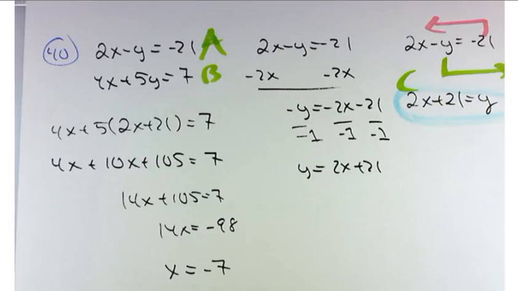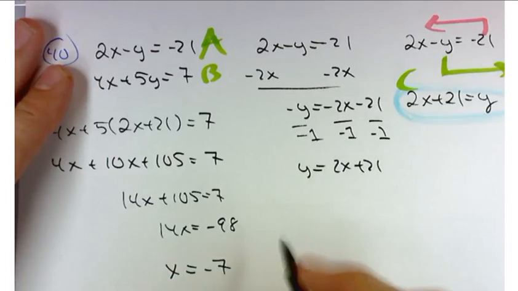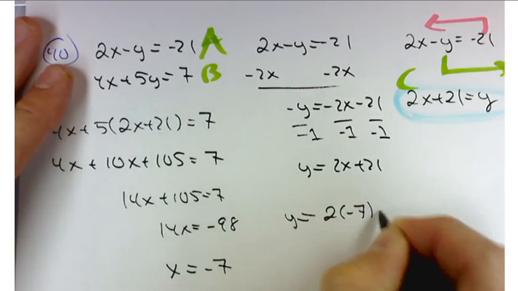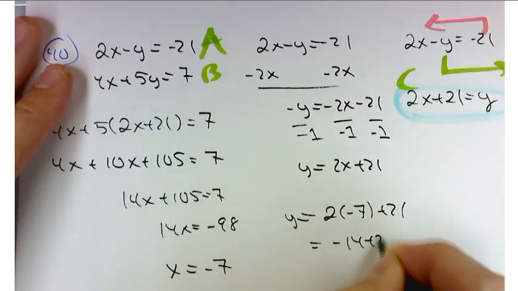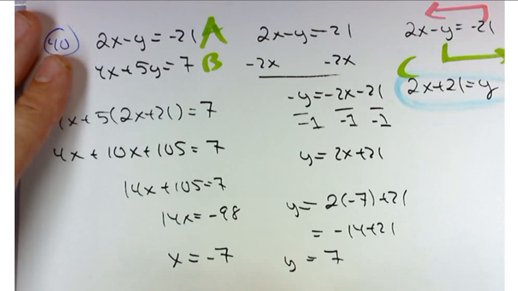I want you to think about it, but yeah, absolutely, go with C. Well, you've already got y solved for here, right? So go with C. y equals 2 times negative 7 plus 21. And we get y equals 7. Overall, negative 7 and 7.